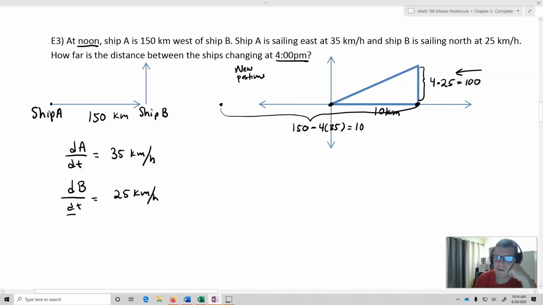Now, the distance between the two ships is this thing right here, which we can actually find. We'll do that in just a moment. We'll call this C. That's the distance C.